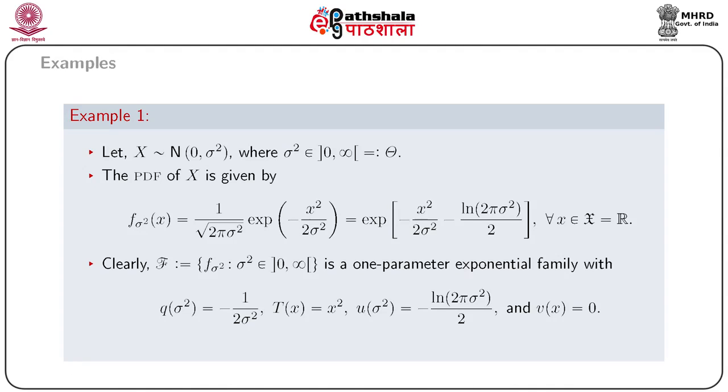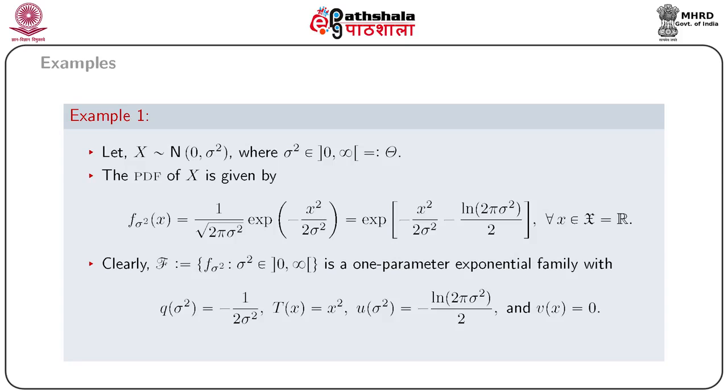Let us consider some examples. Example 1. Let X follow normal with mean 0 and variance sigma square. Then the PDF of X is f(x) equals 1 by sigma root 2 pi into e to the power minus x square by 2 sigma square, which equals e to the power minus log(2 pi sigma square) divided by 2 minus x square by 2 sigma square.